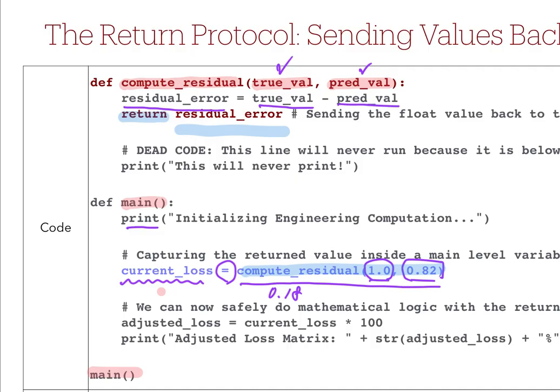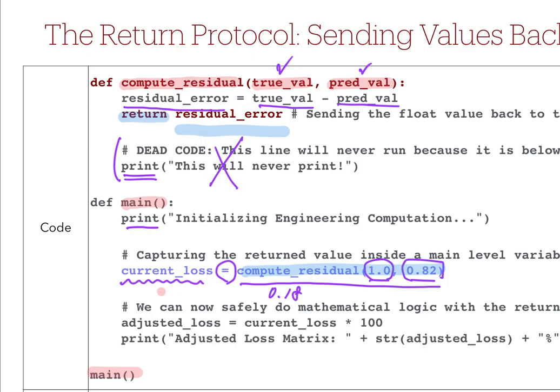At that point, once this function returns the value, that function will be terminated. That function will be erased from the memory. It does not perform any statements following the return, so these statements will not be executed. Even when you call that function compute residual, this print line is not executed.